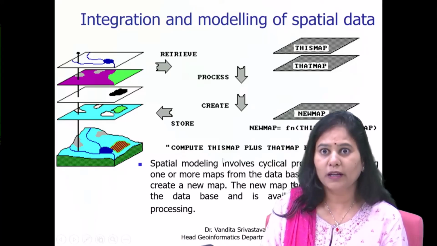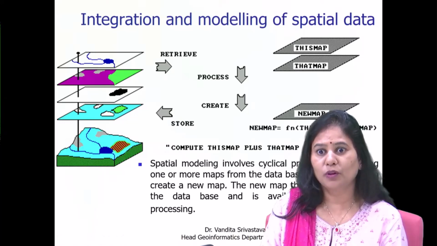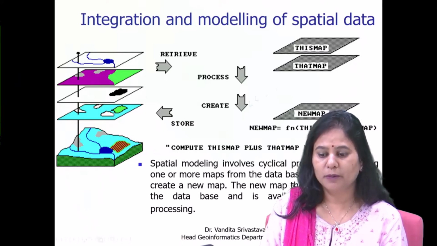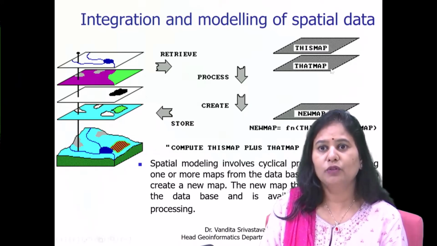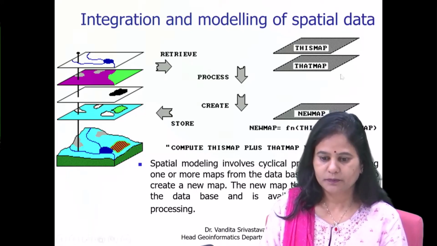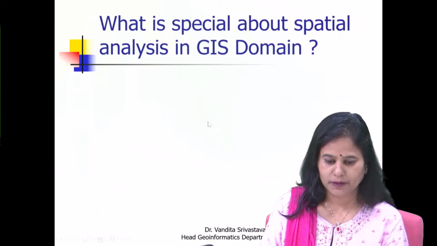Spatial modeling involves cyclic processing, retrieving one or more maps from the database which are used to create a new map. Now this map becomes part of the data set. That is why you call it a cyclic process. So that is what integration and modeling of spatial data is. We will see a lot of examples of these.